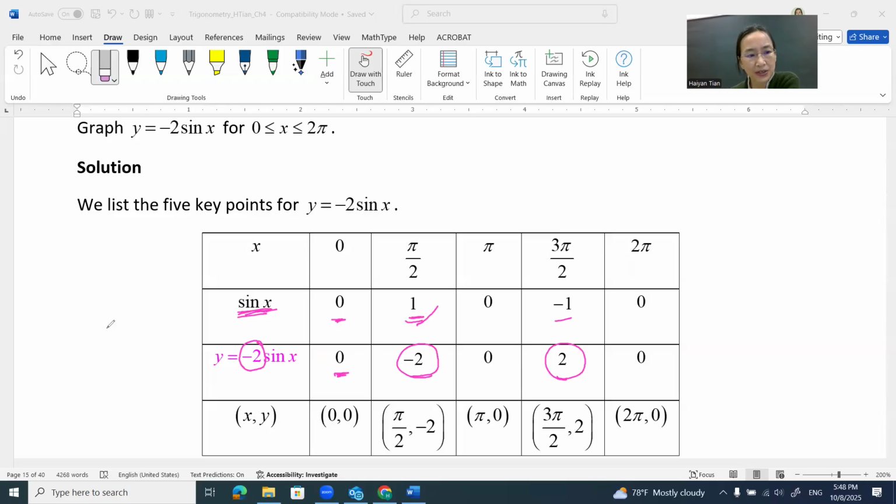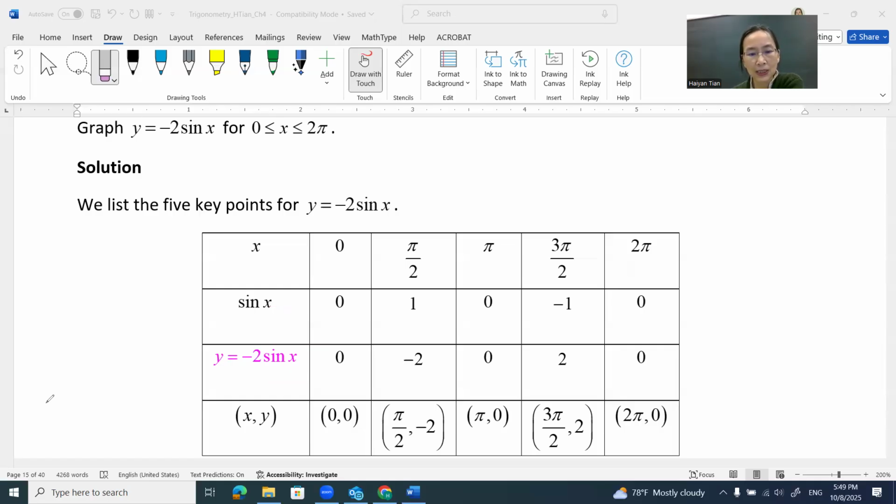So what we see is flipped. Without the negative sign, we have twice the height of the original basic function. But with a negative sign, the y will be opposite. Not only twice that function, it's flipped.